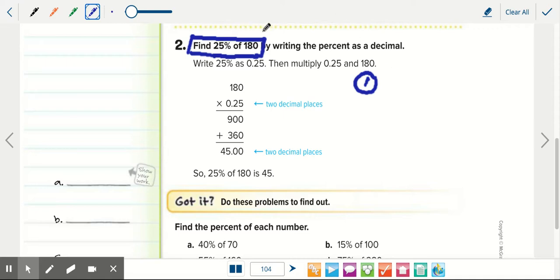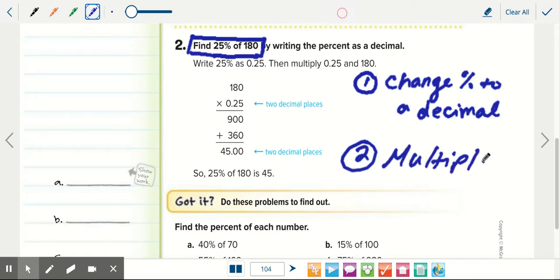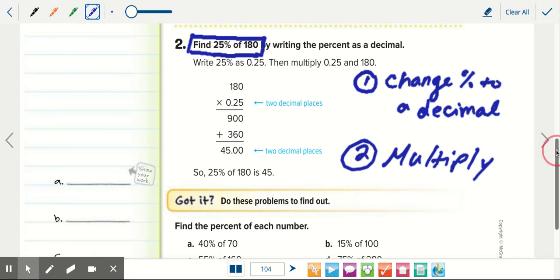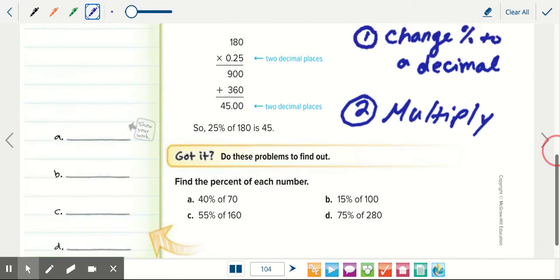So finding percent of a number, we change the percent to a decimal. I want you to write this down. That's your step one. Step two, multiply. And that's it, boys and girls. Those are our 2 steps for today, and that's what we're going to stick with. So let's go ahead. Let's do an example together.